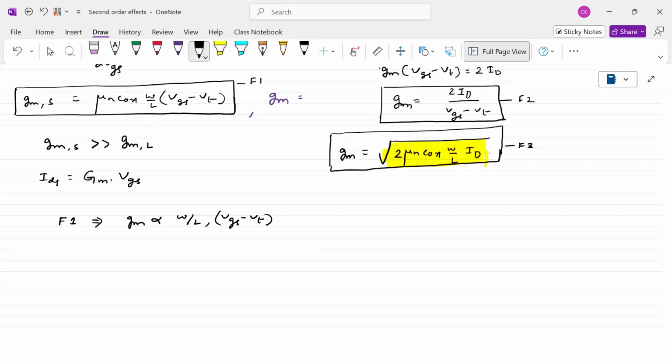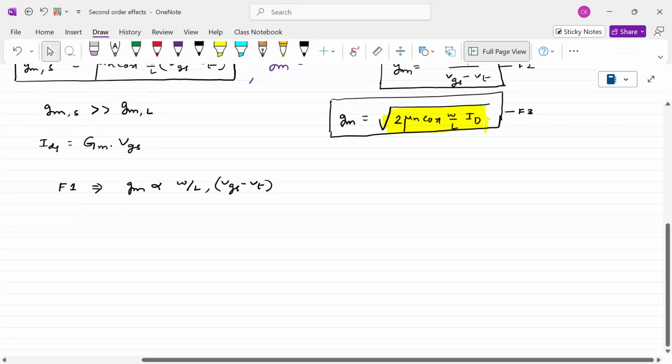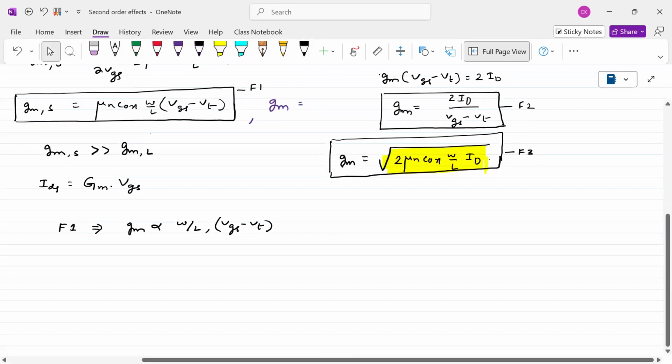You have to increase the gate to source voltage minus the threshold voltage. The drive voltage must be increased, therefore the gm will increase. That is one option, keeping the W by L ratio constant. Change the VGS value more and more, and you will get more gm. That is one option. Or, now, form 2, what does form 2 suggest to us?